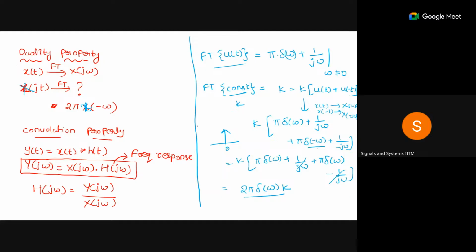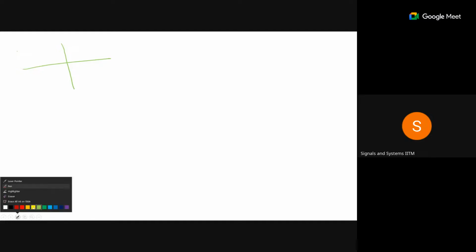One more thing which I didn't discuss in the last class is the Fourier transform of the signum function. How does the signum function look? Can anyone tell how it will be?